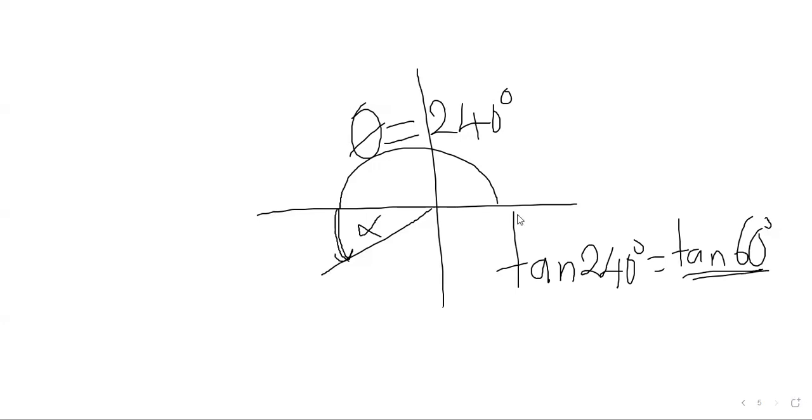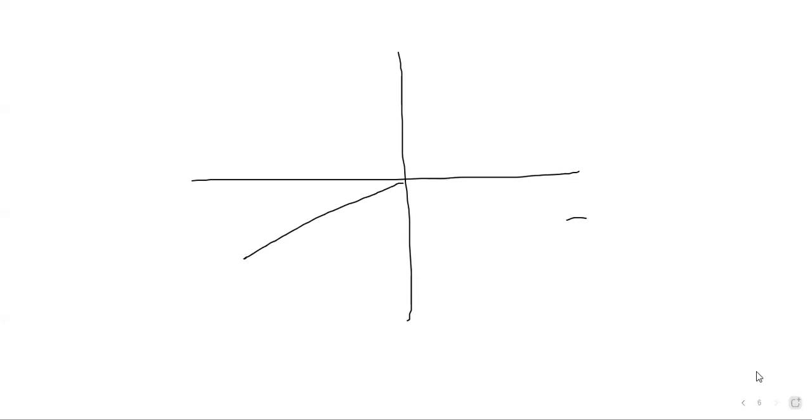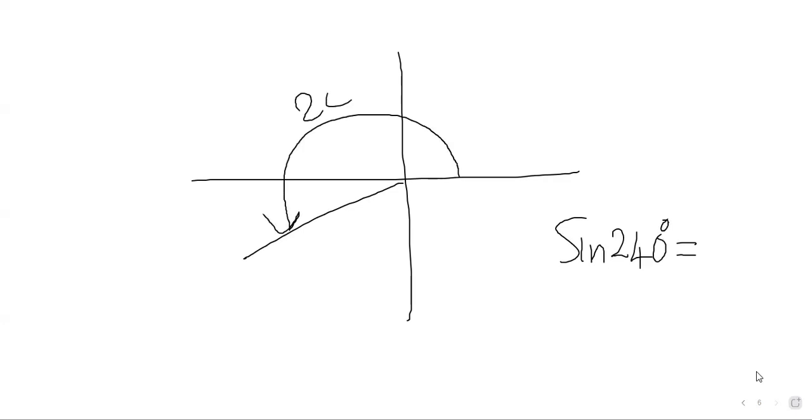That is for tan. But if the same was the case for sine, the story would change a little bit because we are in the quadrant where sine is negative. If we were looking at sine of 240 degrees, its reference angle from this point to that point is 240 degrees, and the acute angle here is 60 degrees.